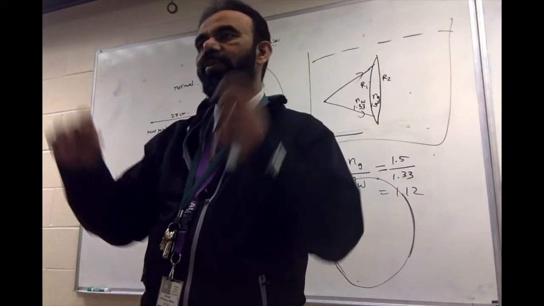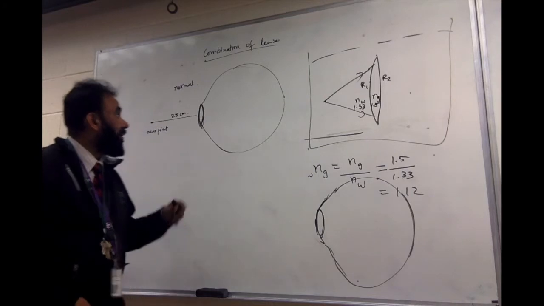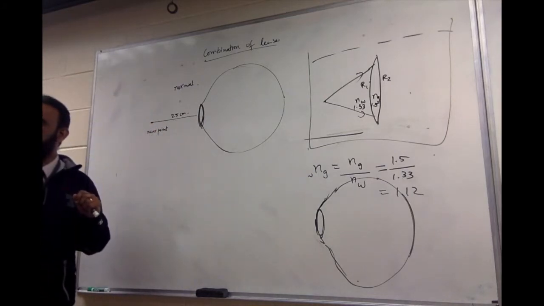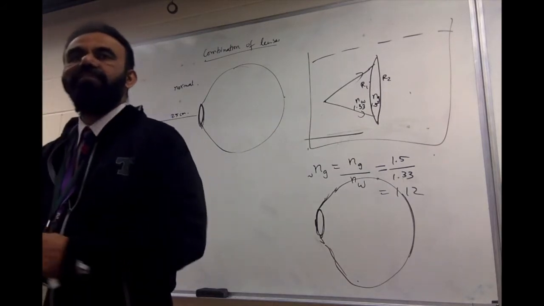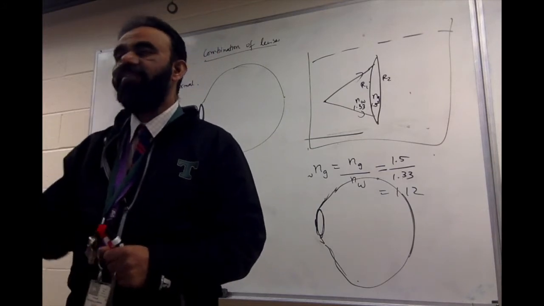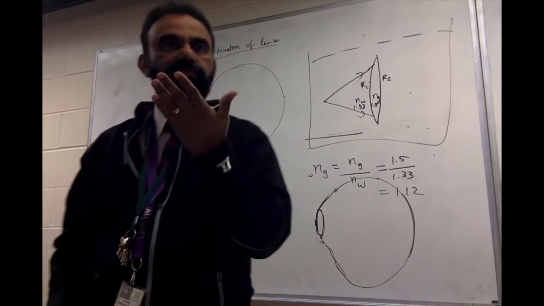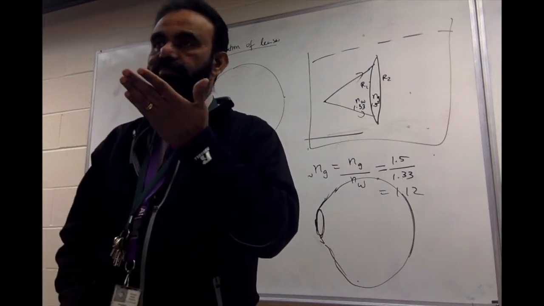So 25 is called the near point or distance of distinct vision. It's called the minimum distance of distinct vision, clear vision. So for a person who has perfect eyes, if you want to read something well, you keep it at 25 centimeters and you read it.